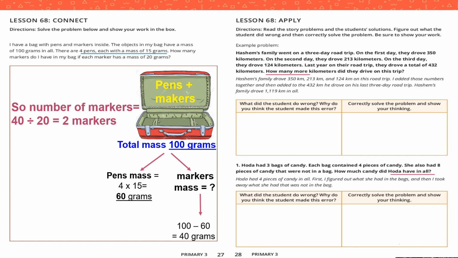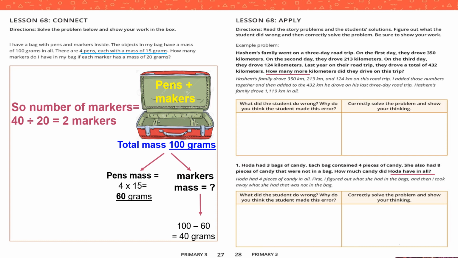If I wanted to know the total distance they drove this year, I would add all of them: first day with second day and third day. But I wanted to know the difference between the total of this trip and the total of the last trip.